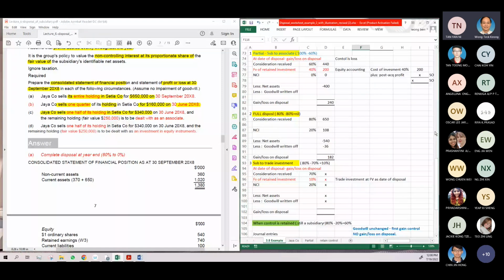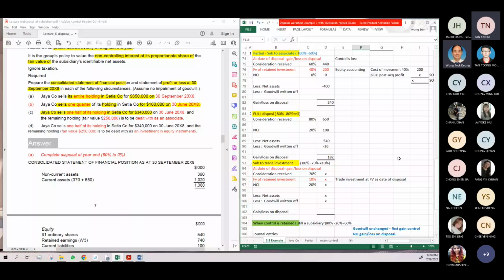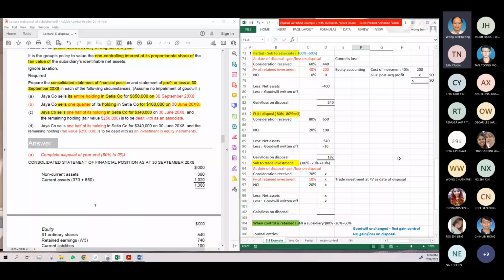Lost control has 3 parts: partial, subsidiary to associate; full disposal; or subsidiary to trade investment. Which one? Partial, subsidiary to associate.